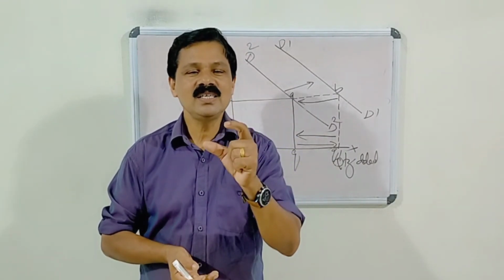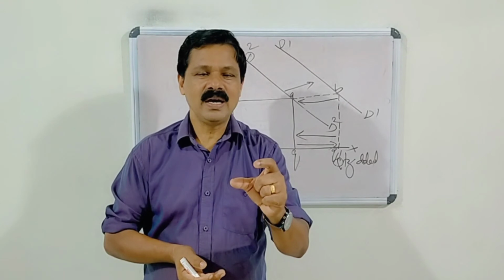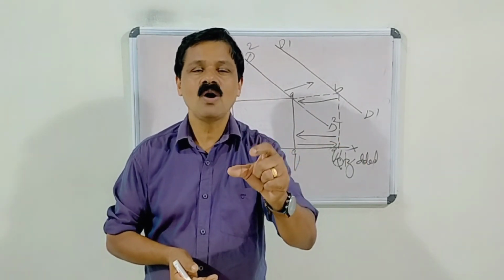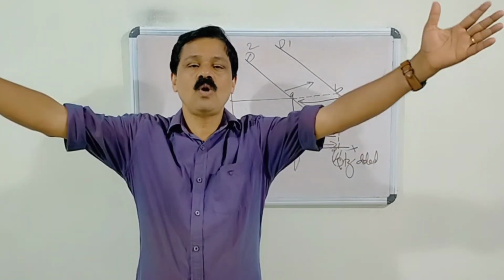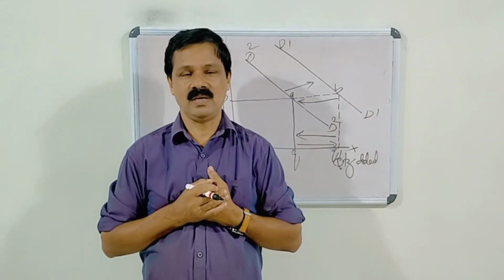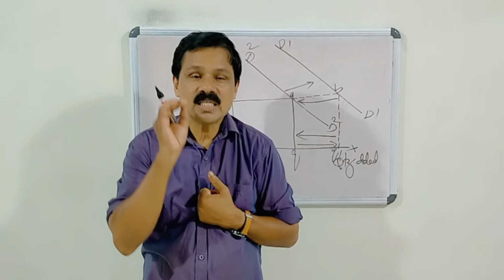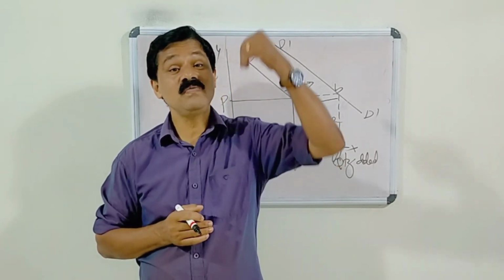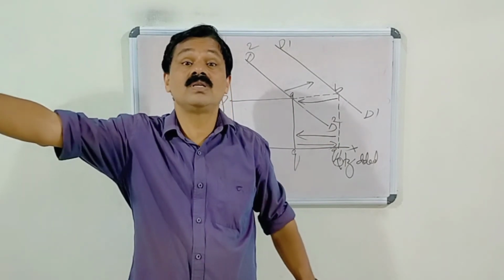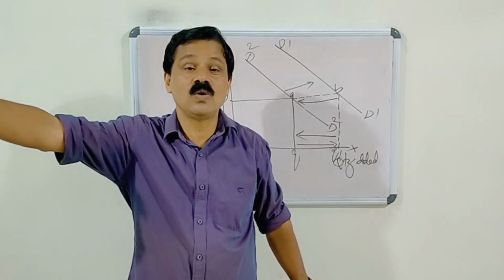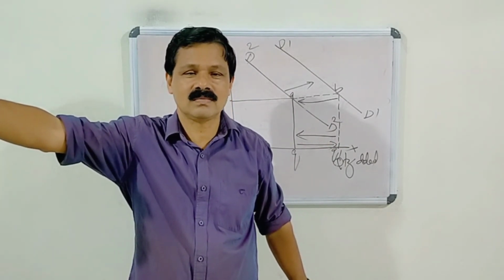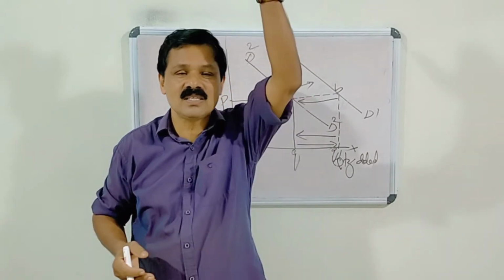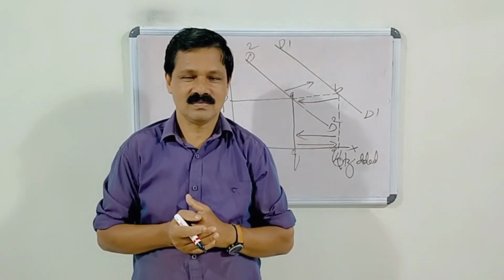Movement along the demand curve may be of two types: expansion of demand and contraction of demand. By expansion of demand we mean when price of the commodity falls, more quantity of the commodity will be demanded. And by contraction of demand we mean when price rises, quantity demanded falls.